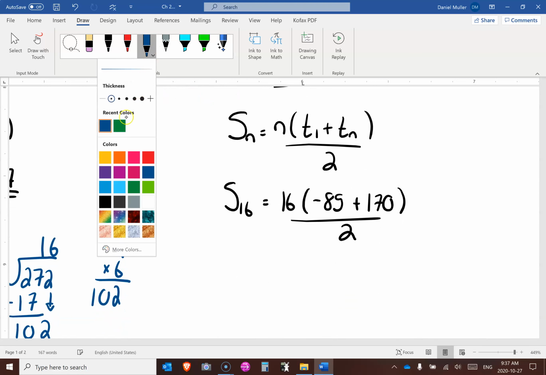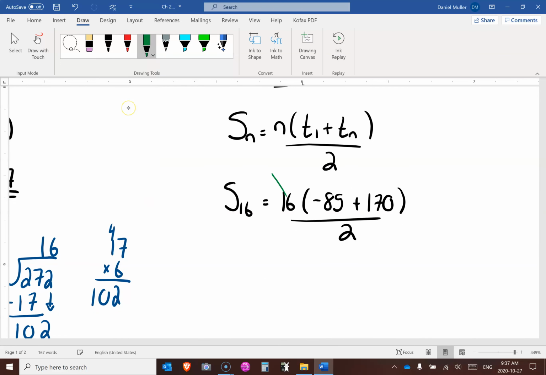Okay, so that 16 and that 2, I can simplify that. So those can simplify to 8 and 1. They can both be cut in half, and then I have to do 170 minus 85. So it's going to be 100, 90, 85. Oh, exactly 85.